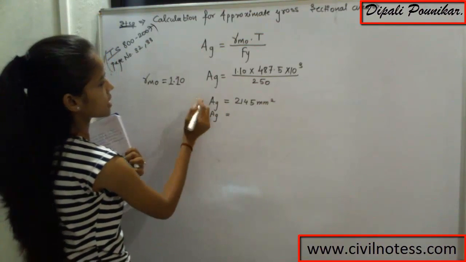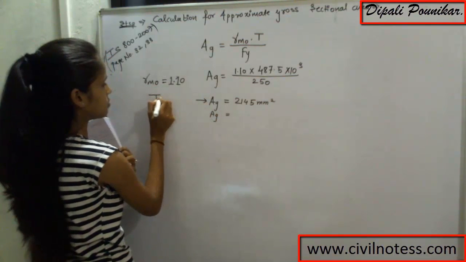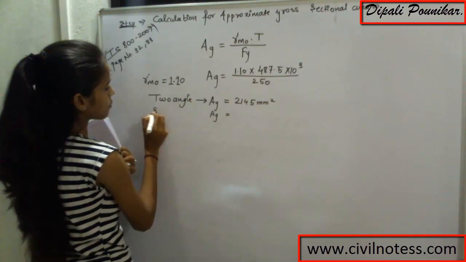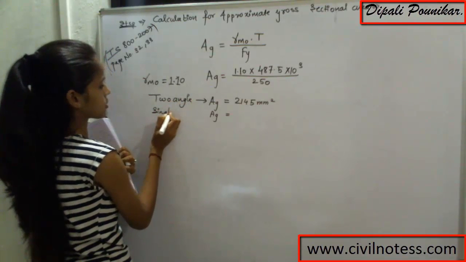This AG is for the two angles, and we have to calculate it for a single angle section.